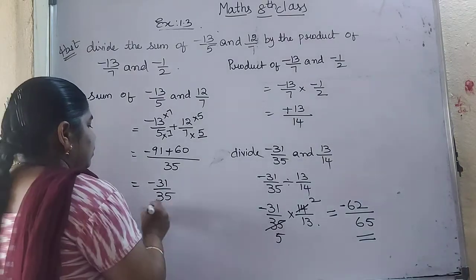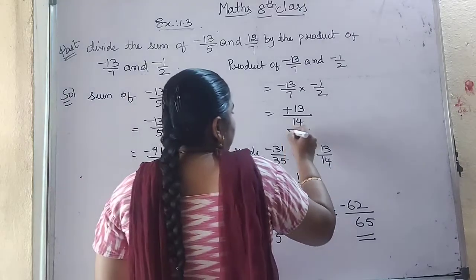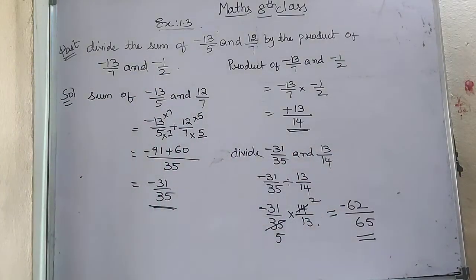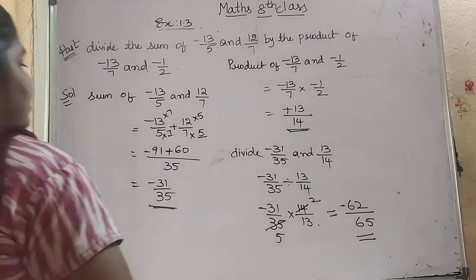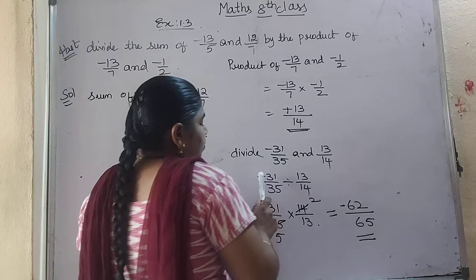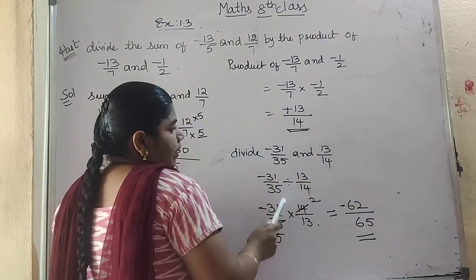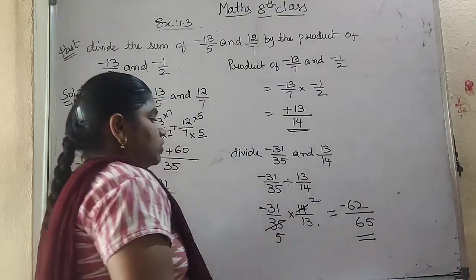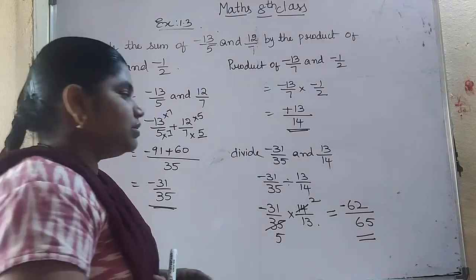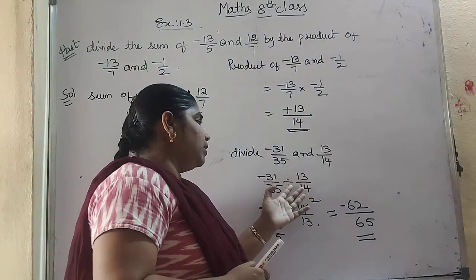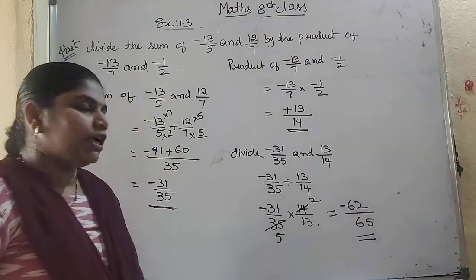Now this is the result of addition and this is the result of multiplication. These two results we have to divide. So minus 31 by 35 divided by 13 by 14. How to divide two rational numbers? Take the reciprocal of the second term and the division is converted to multiplication.